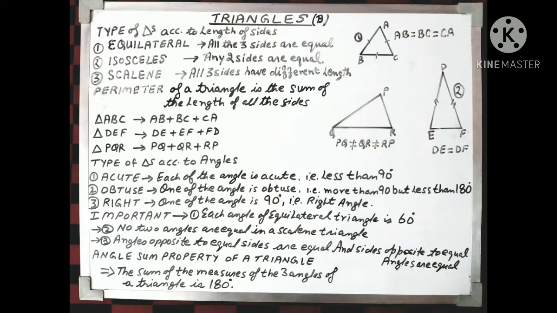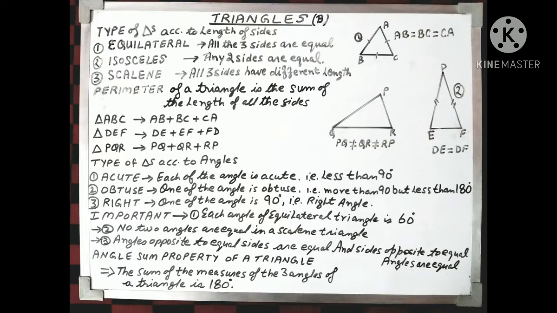Next, the types of triangles according to their angles. The first type is the acute angled triangle, in which each angle is acute, that is, all three angles are less than 90 degrees.